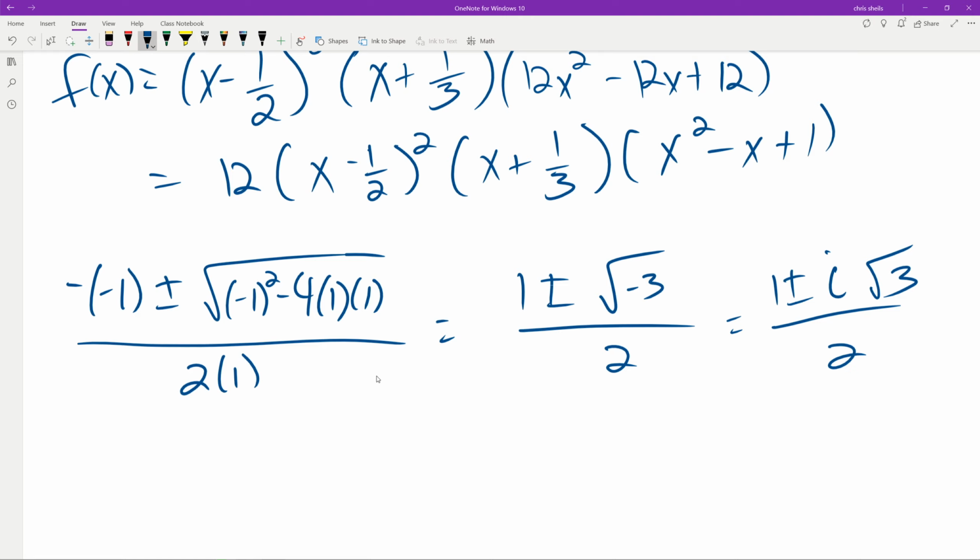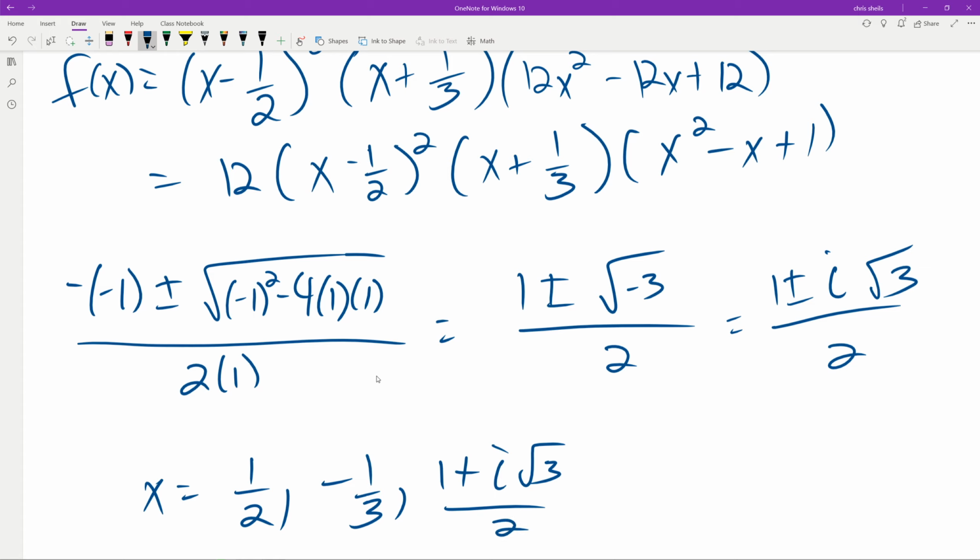So the roots of this function are x equals 1/2, x equals negative 1/3, x equals 1 plus i root 3 over 2, or you could write root 3 times i over 2, and 1 minus i root 3 over 2.